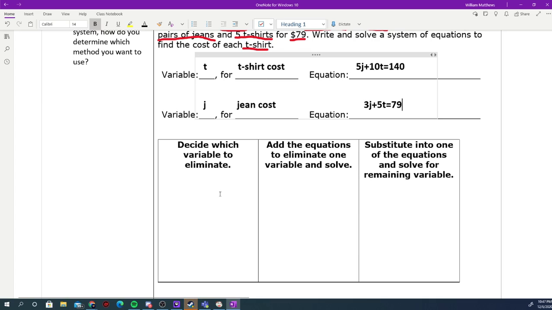So with this, we created our two equations. We can decide which variable we want to eliminate. Looking at this with the least common multiple, t would be the easiest one to deal with by us only having to multiply the second equation.